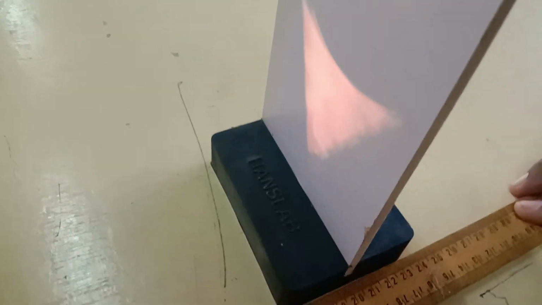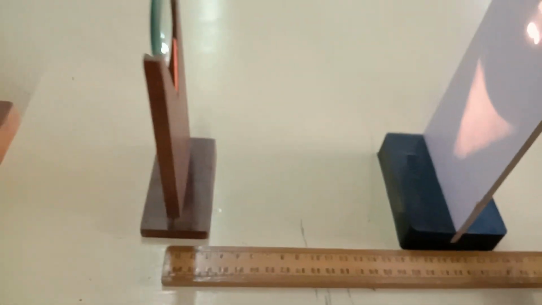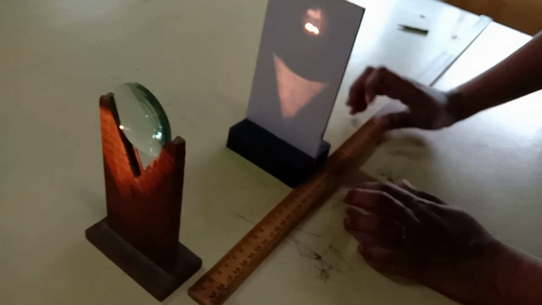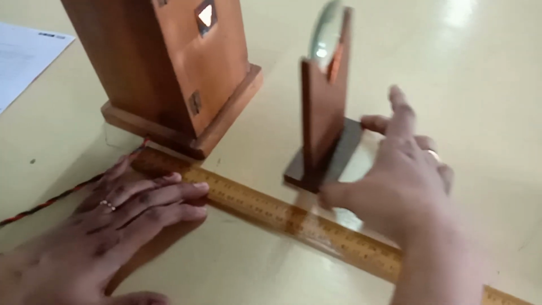Note down the reading. It is 20 centimeter. Now you have to tabulate this. We have tabulated. Then we will move on to the next set of reading.